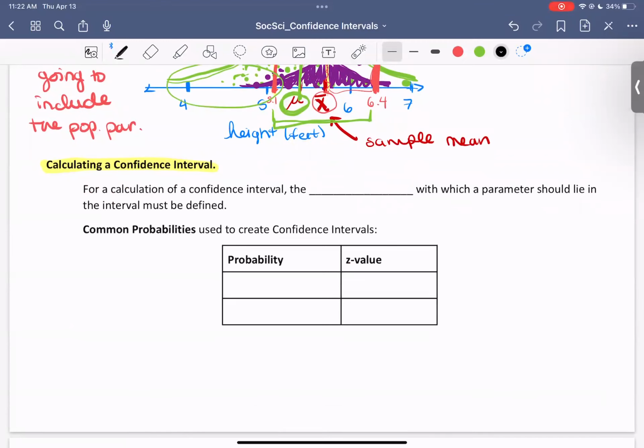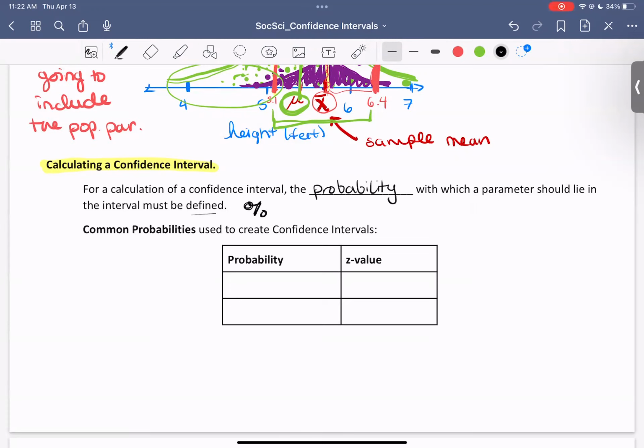So for a calculation of a confidence interval, the probability with which a parameter should lie in the interval must be defined or given. So that probability is going to be given to you as a percentage. So you're going to always be asked, create a confidence interval with a certain percentage probability.